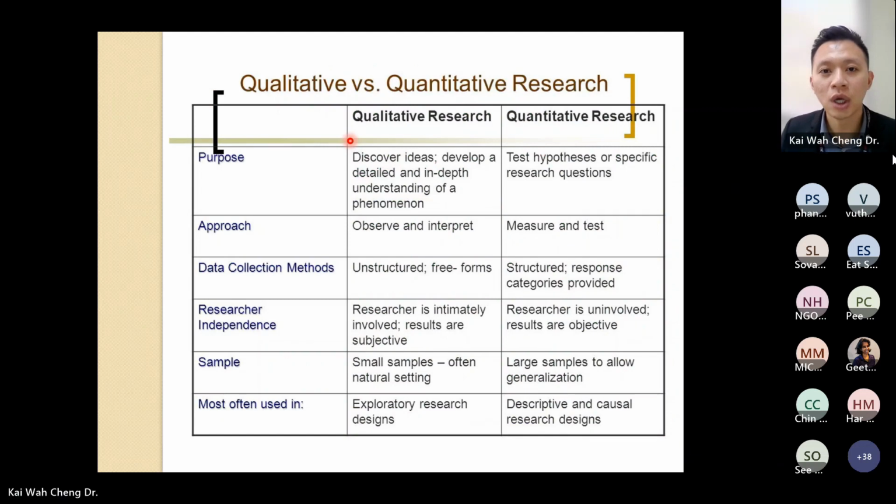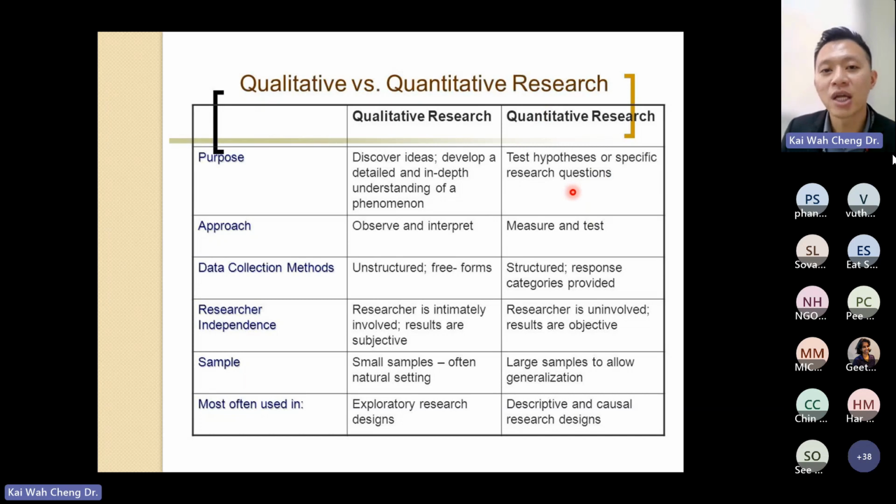You can see the comparison between quantitative research and qualitative research from this slide. The very important thing is you need to know the reason why you select qualitative research or quantitative research. Normally, quantitative research is used to test the hypothesis, or to answer a specific research question.